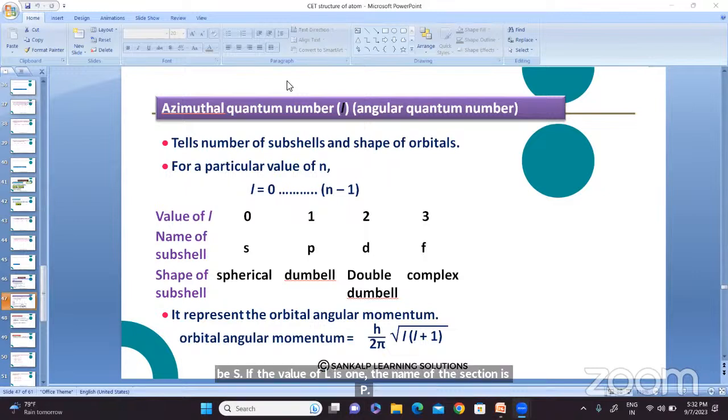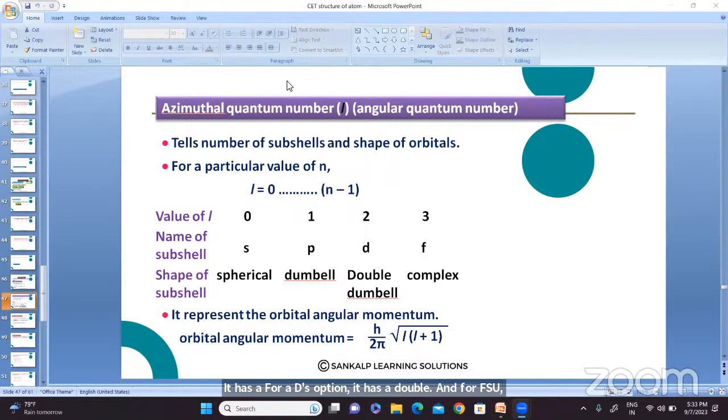If l is 2, it is d. If l is 3, it is f. The shapes are respectively: s subshell is spherical, p subshell is dumbbell, d subshell is double dumbbell, and f subshell has a complex shape.